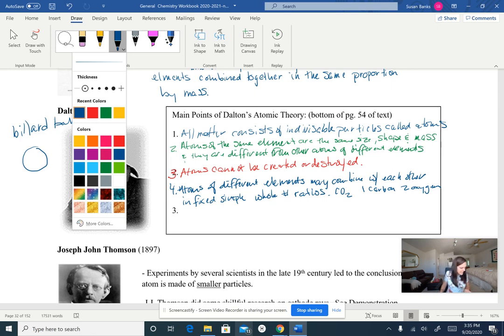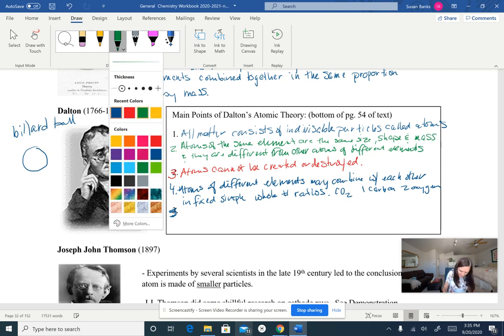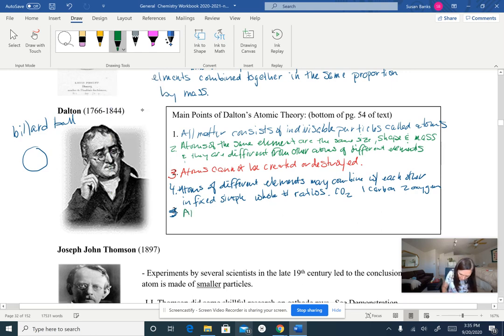Okay, next idea number 5. Well, I want that to be green. Okay. Atoms of different elements can combine in more than one ratio.